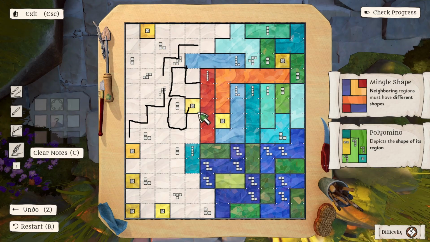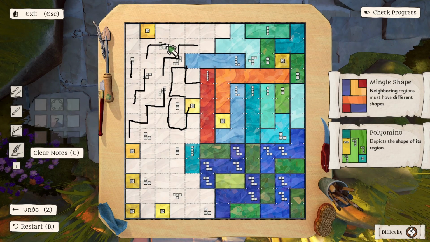This could fill that in. I don't see anything telling me that this is wrong. That wouldn't be right.